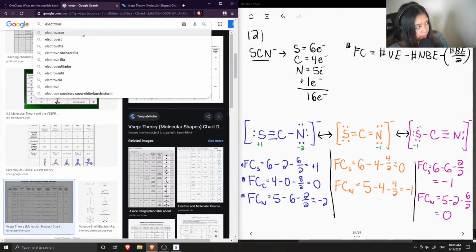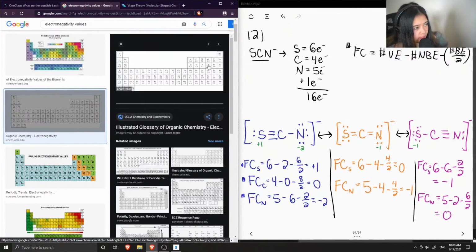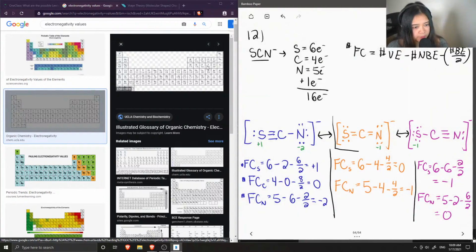So let's compare the electronegativity values of both sulfur and nitrogen. Nitrogen has an electronegativity of around 3.0, and sulfur has an electronegativity of 2.5. So therefore the middle resonance structure would be the best one, since the nitrogen is the one that has the negative formal charge.